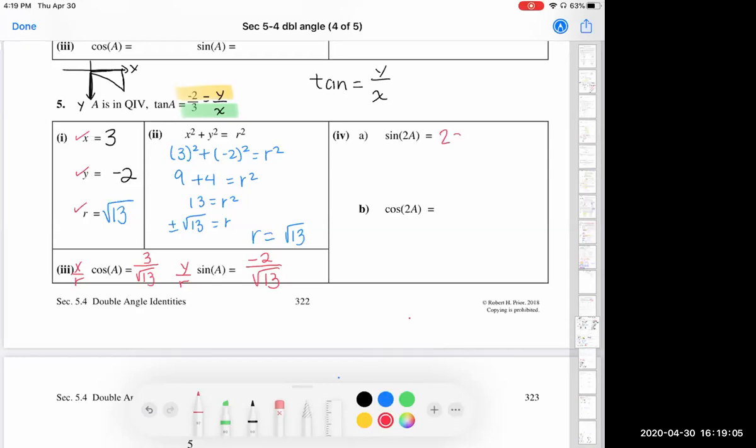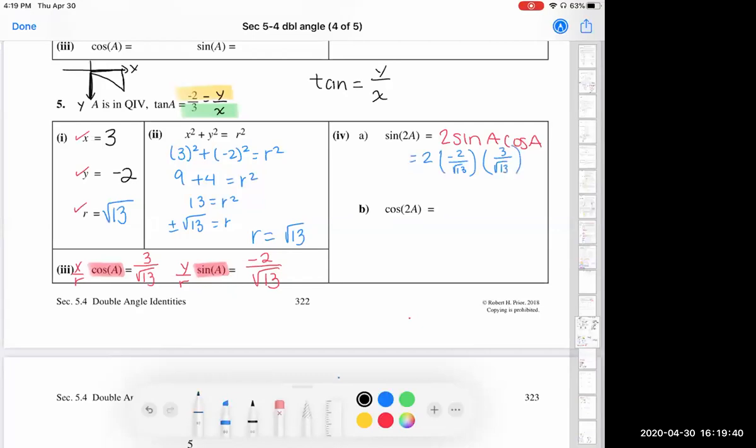So that would be 2 sine of A times cosine of A. We have sine of A and we have cosine of A. Let's make that replacement. 2 times sine of A is -2 over square root of 13, and cosine is 3 over square root of 13.